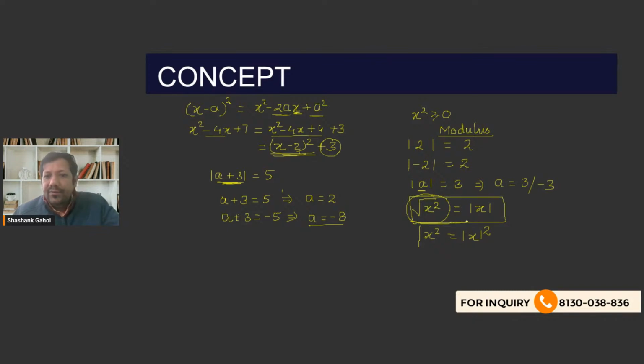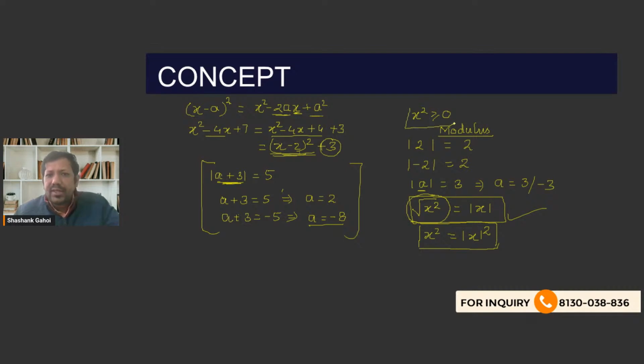Modulus thing, I have given you a brief idea so that you can understand how we are going to use mod in today's class. This is very important to get the understanding of modulus and squares.